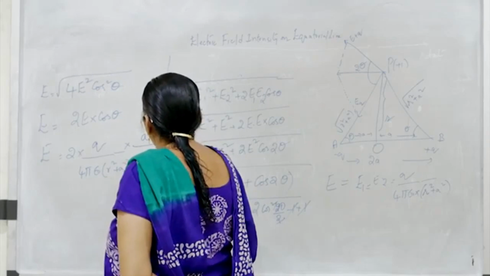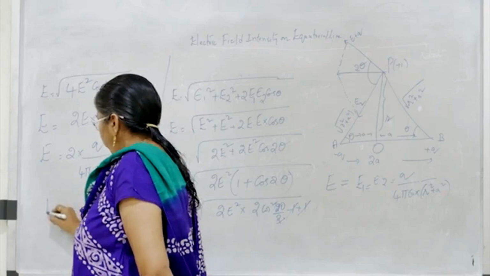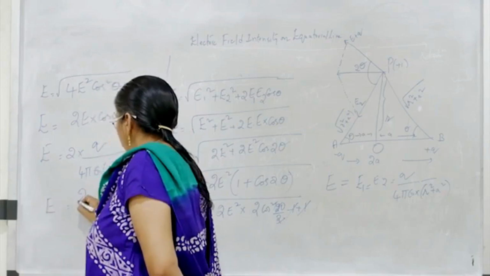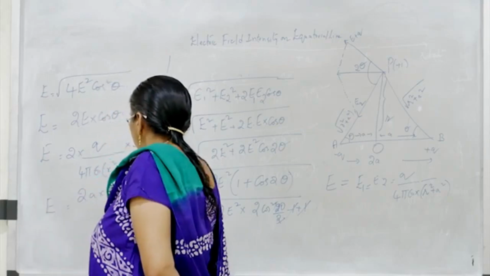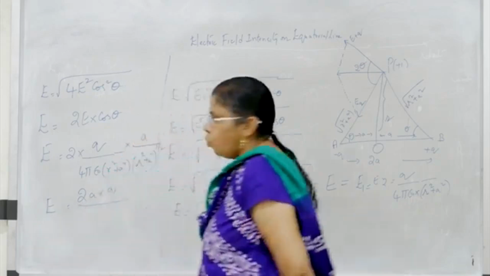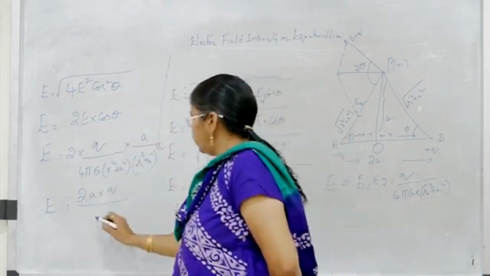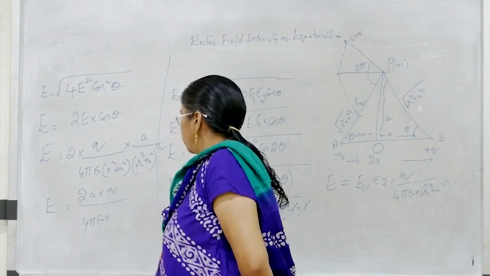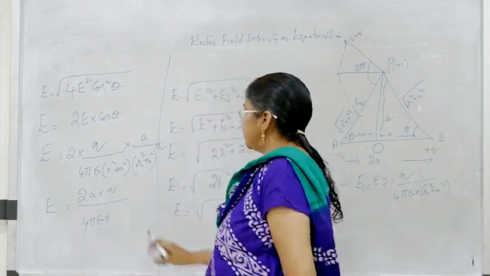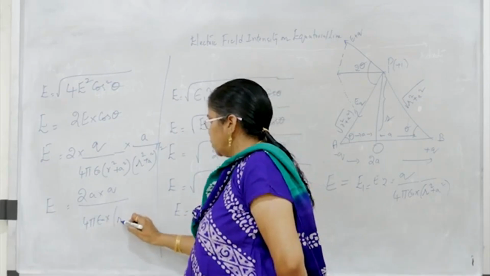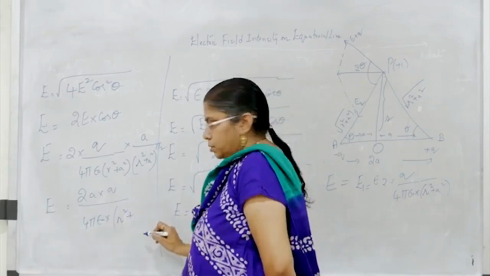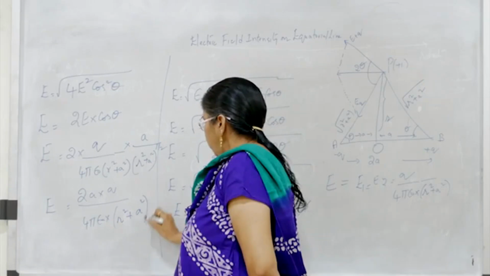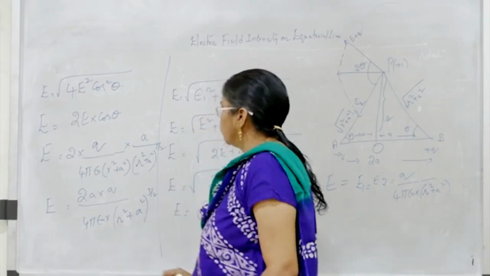So E gives us 2a into q by 4 pi epsilon naught into r square plus a square, divided by r square plus a square whole power 1 by 2.